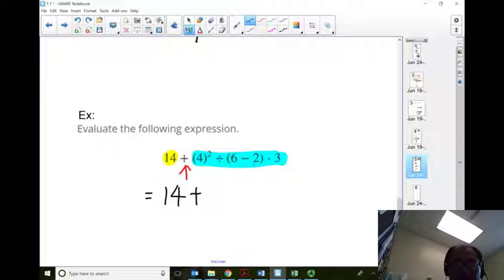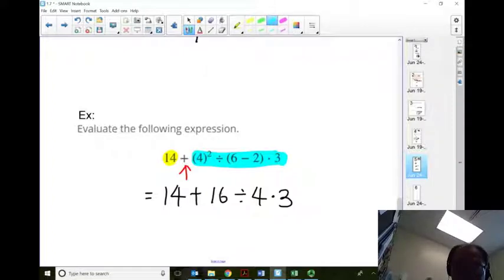The reason I'm going to do 4 squared first here is that most of you know 6 minus 2 is just 4, and this is only one operation. So 4 squared is 16, divided by 4. I don't need to put the 4 in a parenthesis because this is only one operation. If I put parentheses here, it doesn't really mean anything. And then times 3.